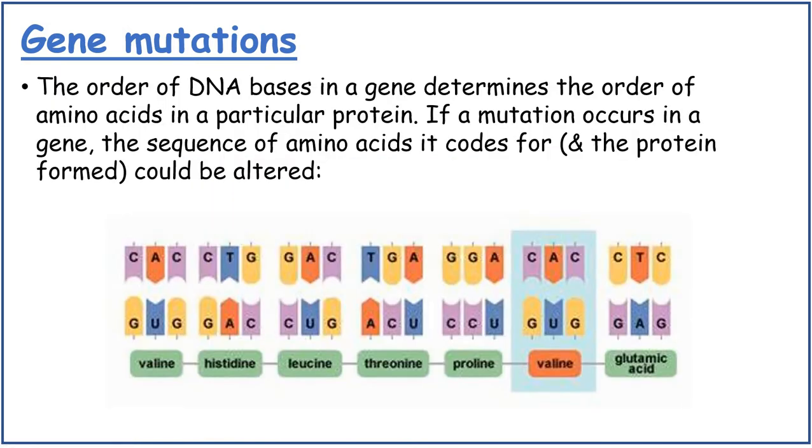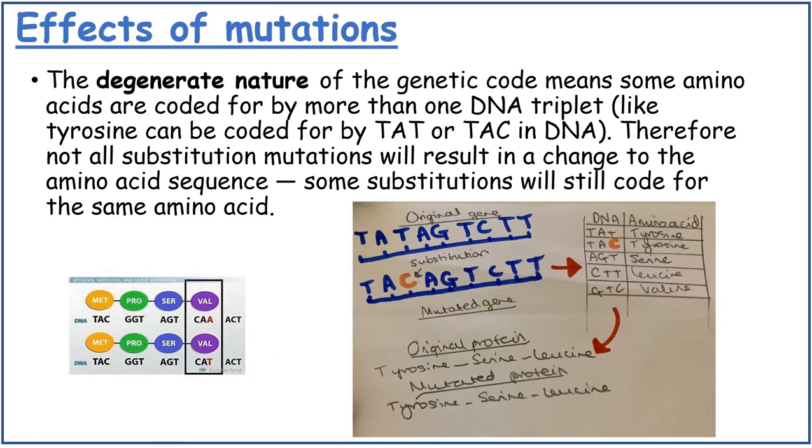The order of DNA bases in a gene determines the order of amino acids in a particular protein. If a mutation occurs in the gene, the sequence of amino acids it codes for and the protein formed could be altered. The degenerate nature of the genetic code means some amino acids are coded for by more than one DNA triplet.